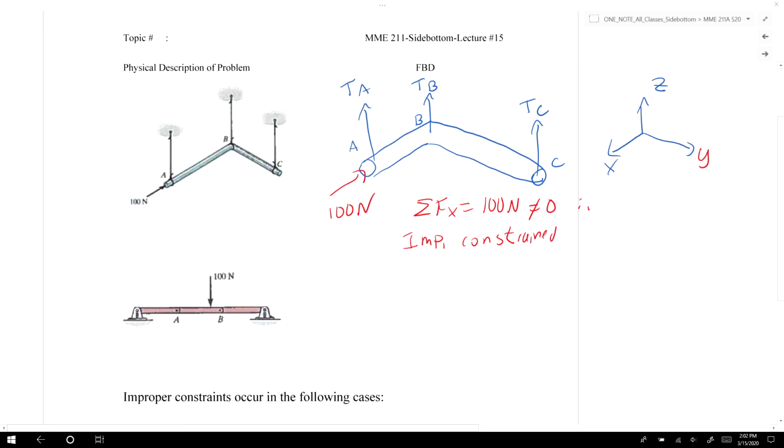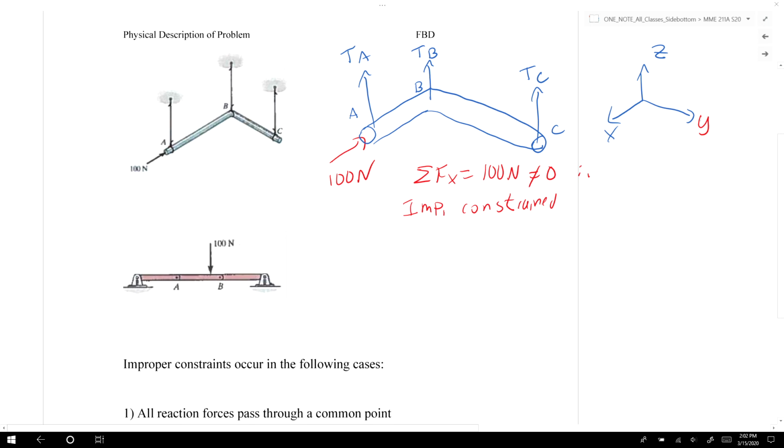All right, and then our next case here is a rigid body that's connected at pins at the 2 ends.